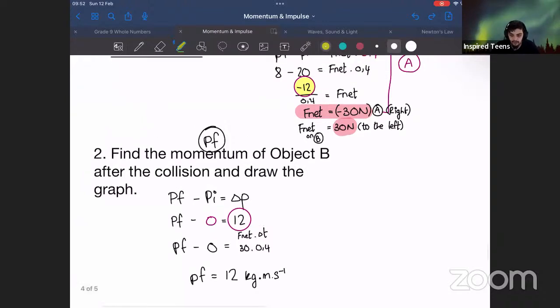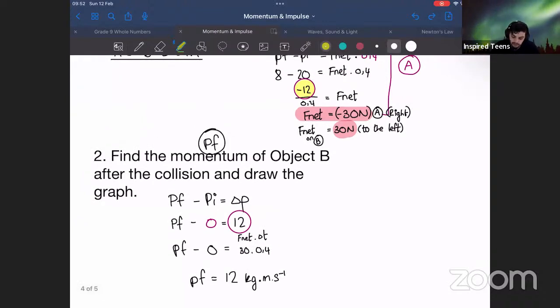Okay, so number 1 clarified. Number 2: find the momentum of object B after the collision and draw the graph. When we talk about momentum after the collision, firstly, we're working with object B. So now in your head, you need to think, object B has a positive F net. The person that asked those questions in the Q&A, just let me know if I answered your question or if not.